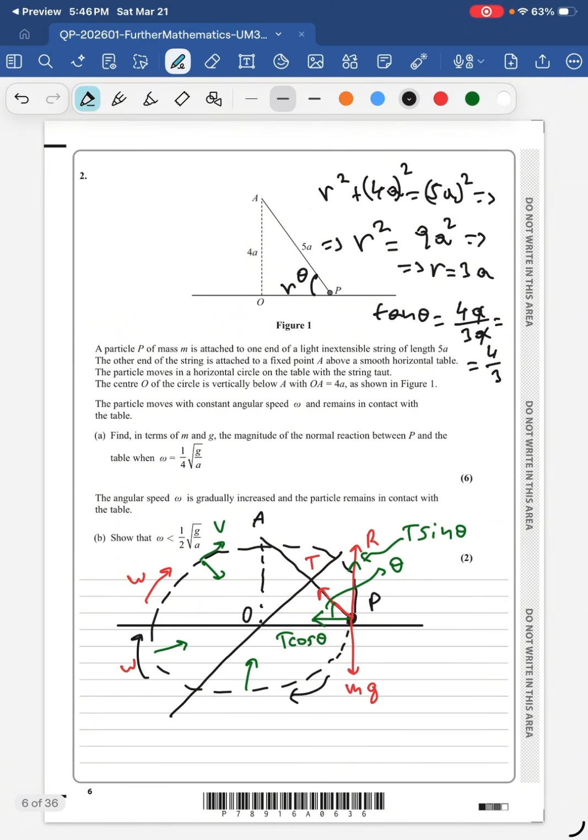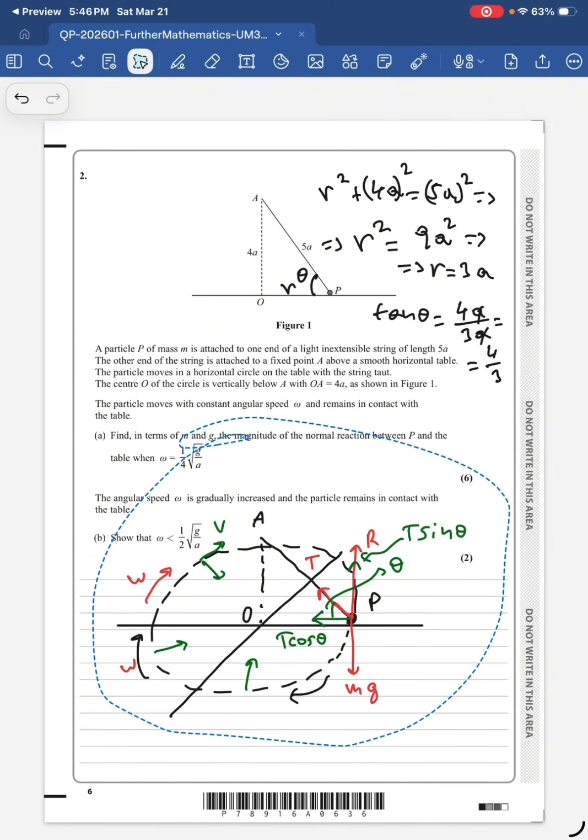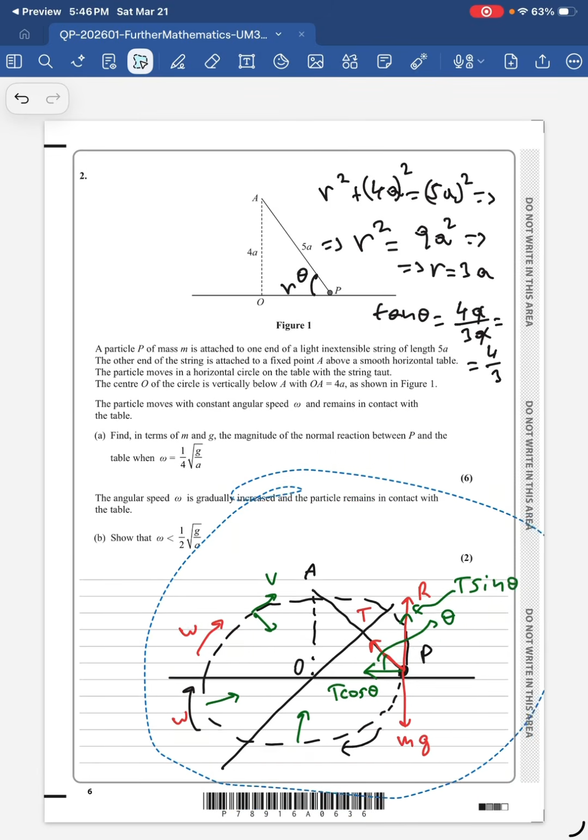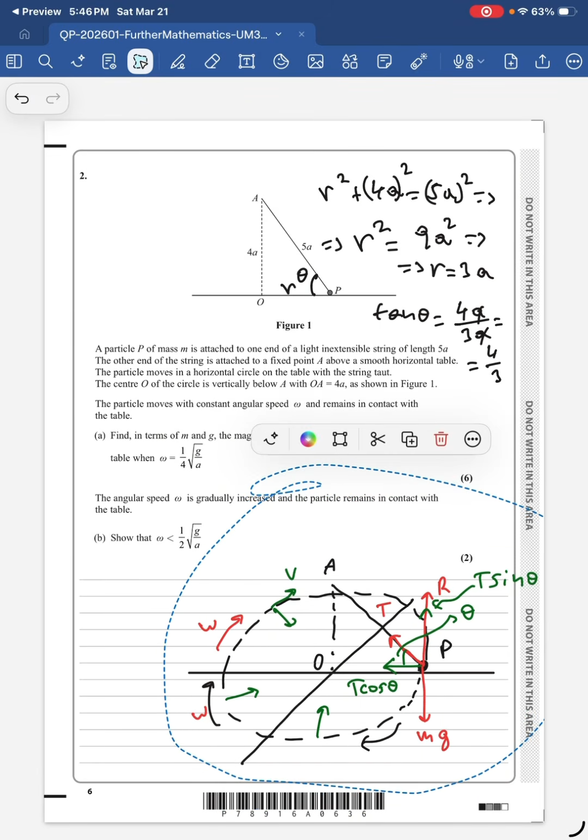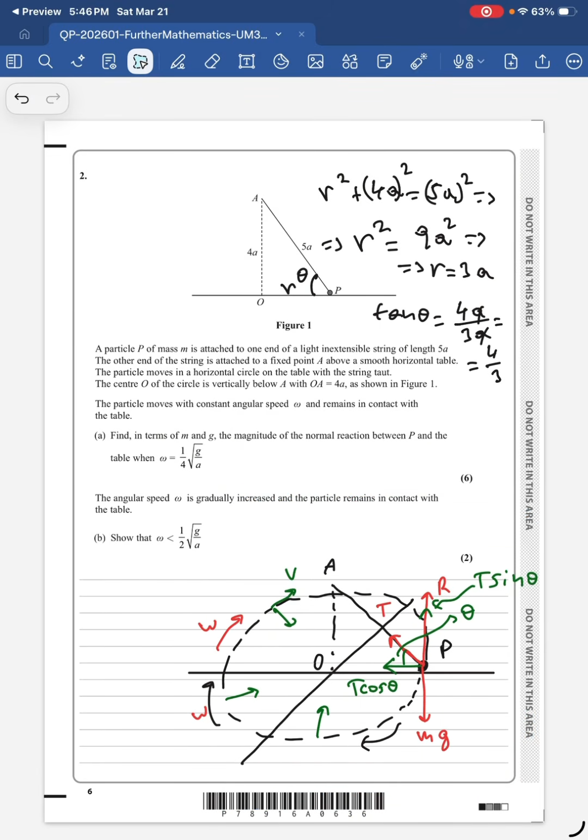Now let's go to question B. Let me transfer this whole thing down so you see. Okay, fine. Now for B, they give you an additional piece of information. They tell you that the angular speed omega is gradually increased and the particle remains in contact with the table.